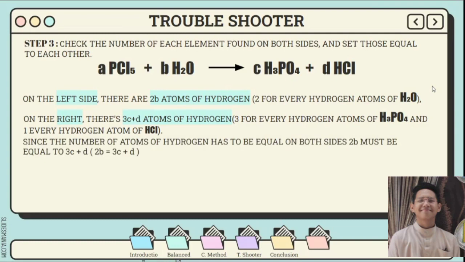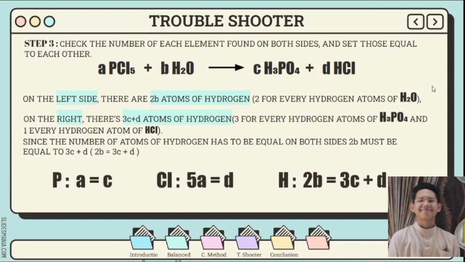Since the number of atoms of hydrogen has to be equal on both sides, 2B must be equal to 3C plus D. You will get, for phosphorus, A equals C; chlorine, 5A equals D; hydrogen, 2B equals 3C plus D.